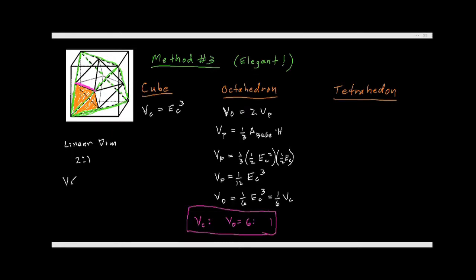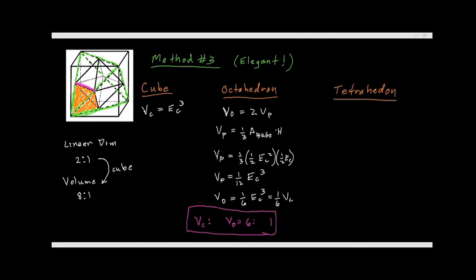And if that's true, and this is something we've worked on in class, what must be the ratio of their volumes? What must it be? Well, I'm going to take this and I'm going to cube it. That's what we know. And therefore, the ratio must be 8 to 1. What does that mean?